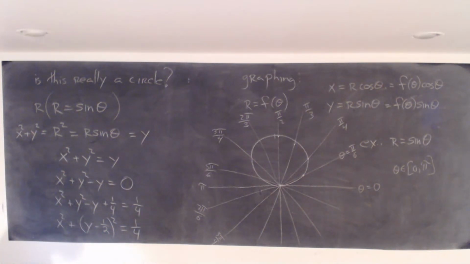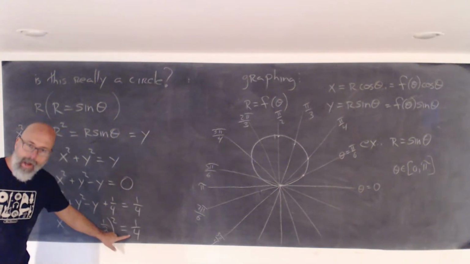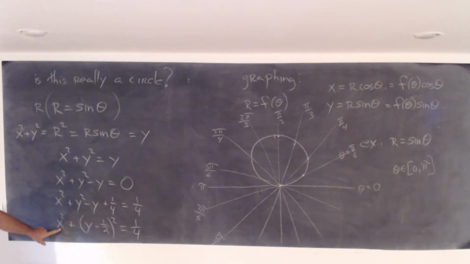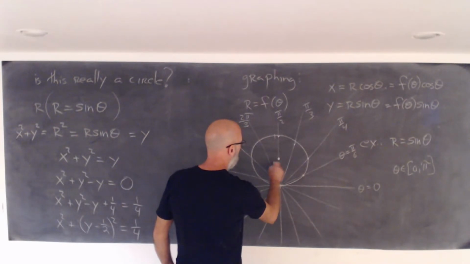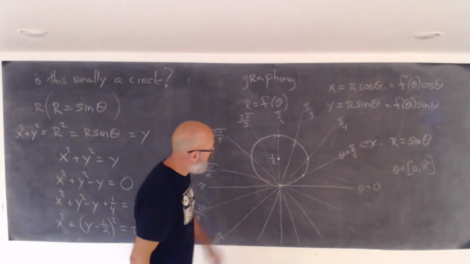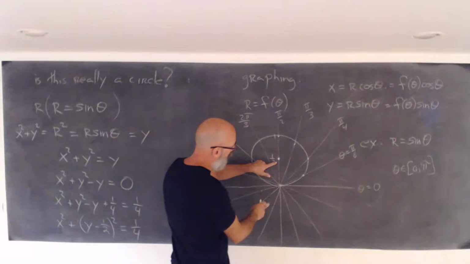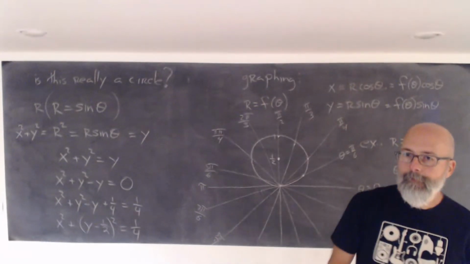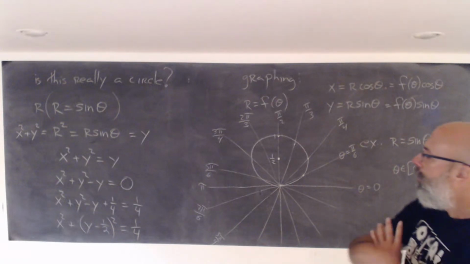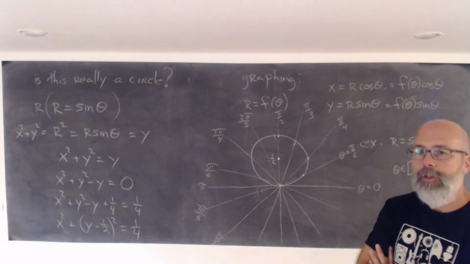And now you see that it's a circle of radius 1/2 centered at 0, 1/2. A circle centered at 0, 1/2 of radius 1/2. Now we're guaranteed that it's a circle.